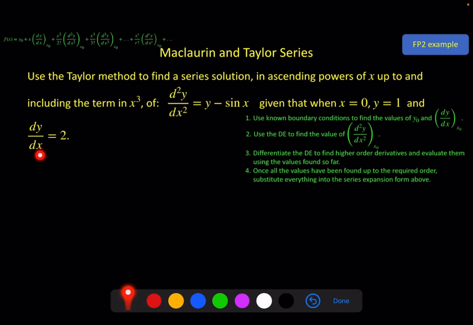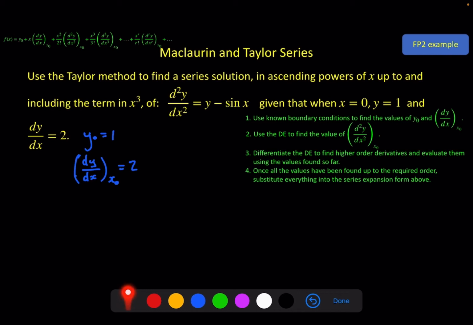Similarly, the first derivative is 2 when x equals 0. That is this value, the first derivative evaluated at x0. So we've already got these two given to us. We know that y0 is equal to 1, and dy by dx evaluated at x0 is equal to 2. So that's the first step of the method already done.